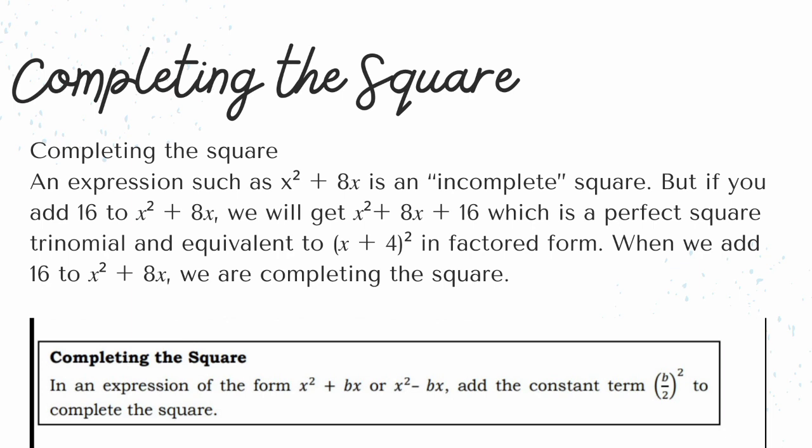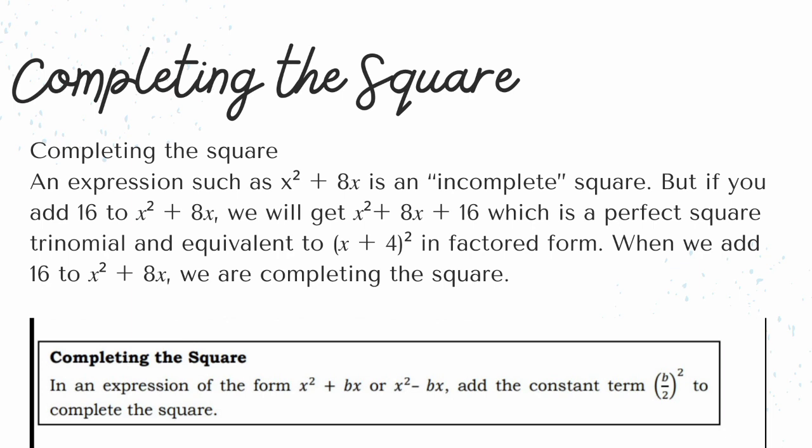So we need to solve for what it is. If you wonder how we got the 16, the one below is the formula for getting it. For an expression of the form x squared plus bx or x squared minus bx, add the quantity of b over 2, squared, to complete the square.